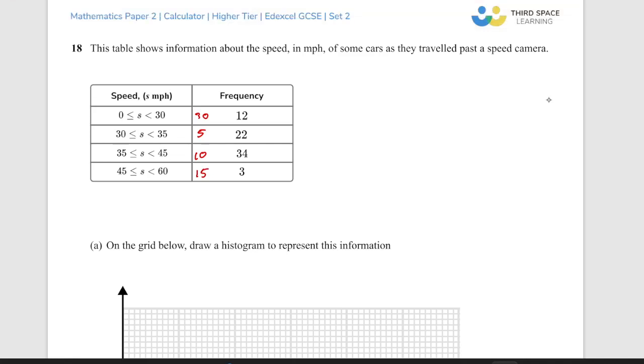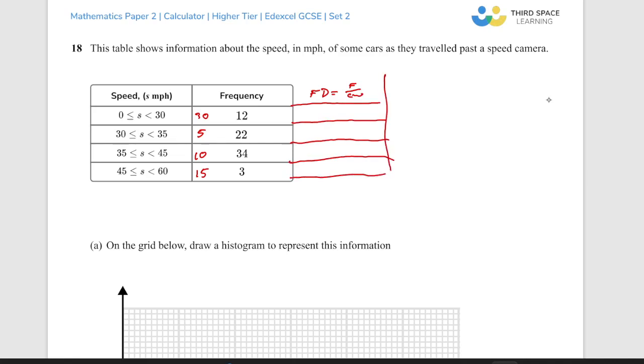So the frequency density is going to be equal to the frequency divided by the group width. If I go frequency density, that's equal to frequency divided by class width. If we imagine we've got the space, we bring in an extra column of our own.